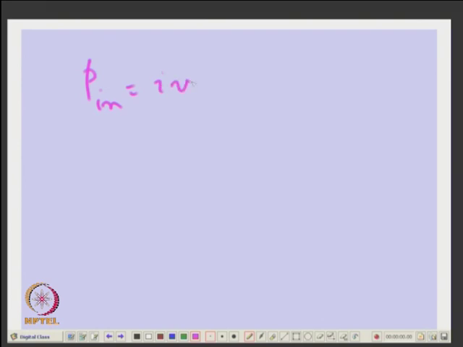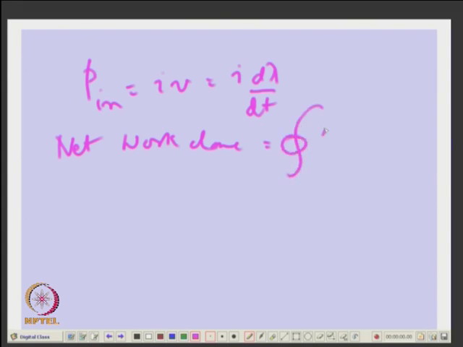will be IV, which is I d lambda by dt, is it not? And what is the net work done will be the power input integrated. Okay, so that will be I d lambda.